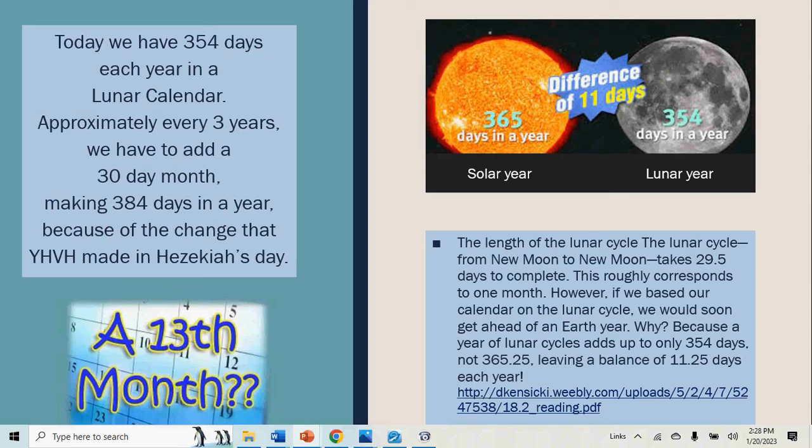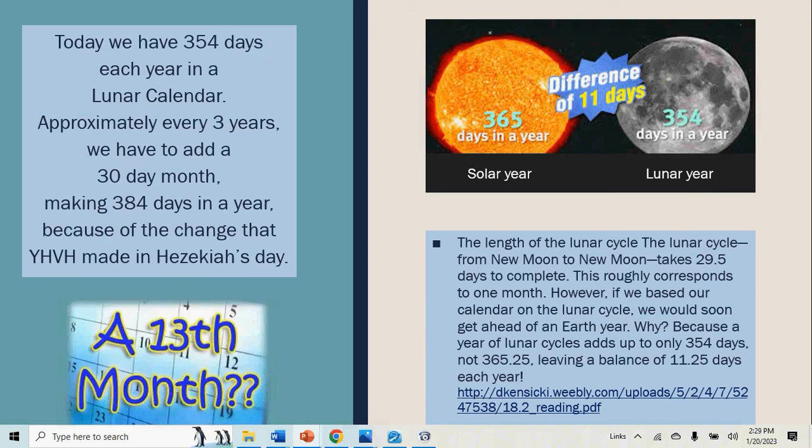So today we have a 354-day year in a lunar calendar. Approximately every 3 years we have to add a 30-day month, making 384 days in a year because of the change that Yah made in Hezekiah's day. The length of the lunar cycle from new moon to new moon takes 29 and a half days to complete.